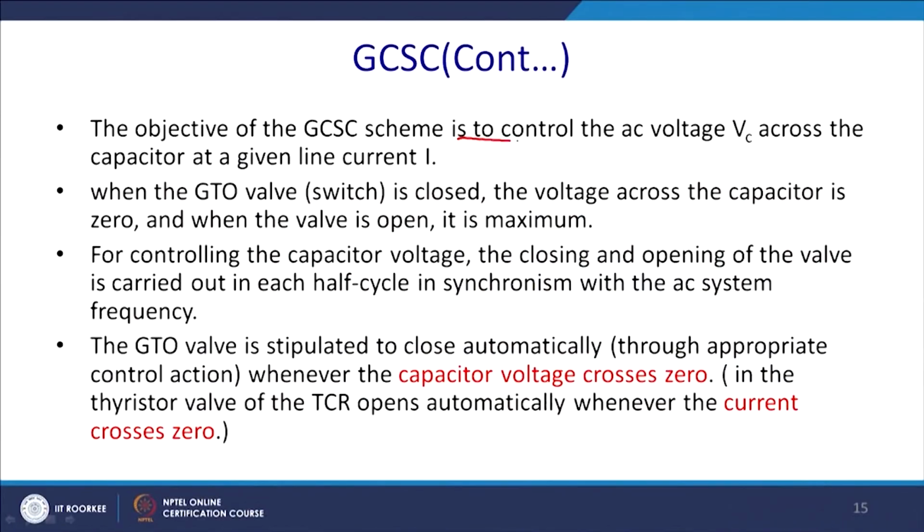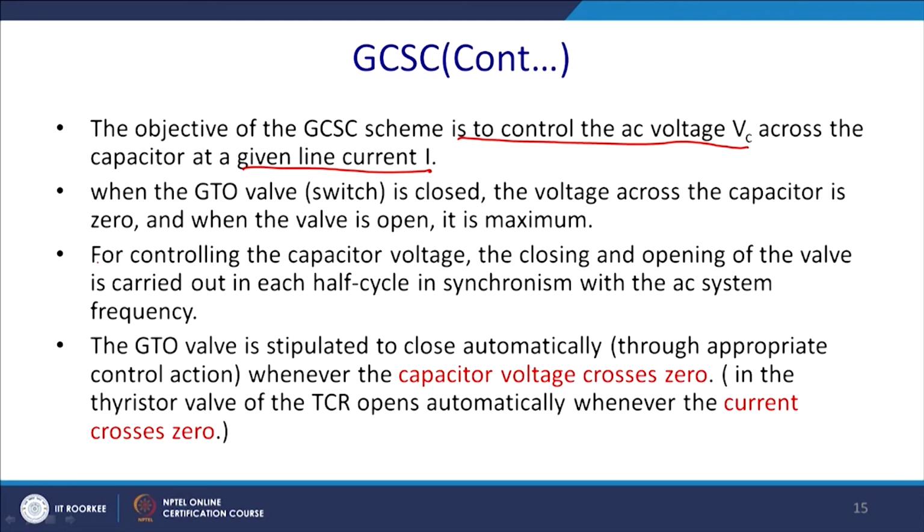The objective of the GCSC scheme is to control the AC voltage VCC across the capacitor at a given line current I. When the GTO or the high rating IGBT valve is closed, the voltage across the capacitor is 0, that is what I was telling, and when the valve is open it is maximum.